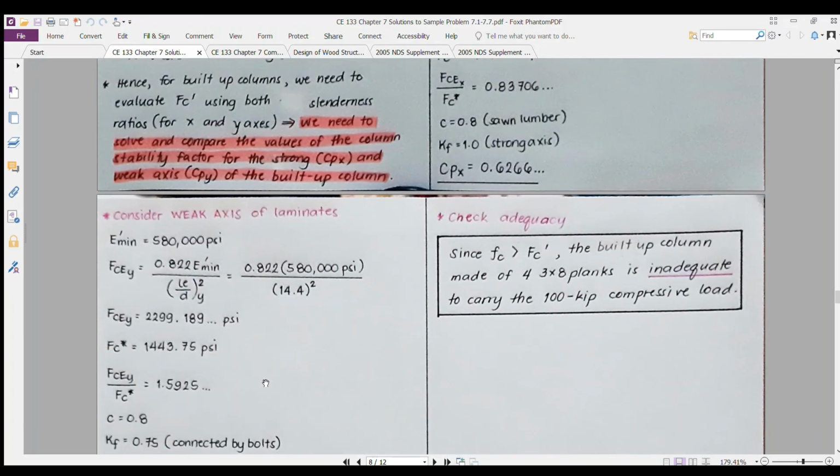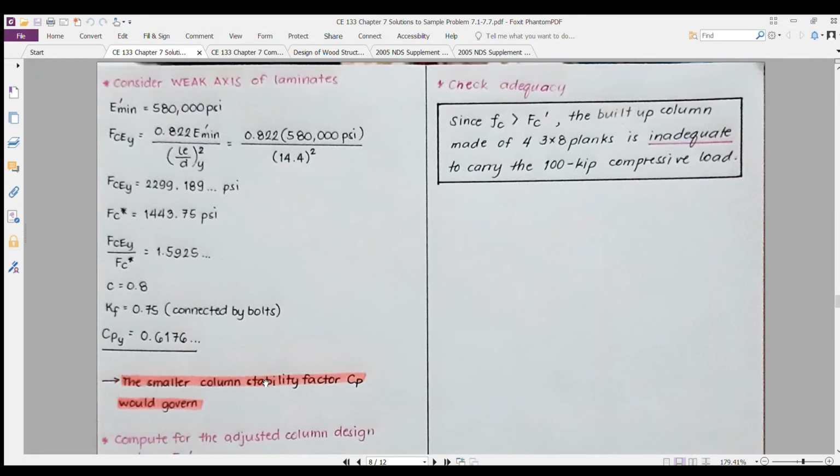Now we consider the weak axis of the laminates. So we have here still 580,000 psi. So determining the value for the maximum Euler buckling stress along the y direction, we have 2,299.189 psi. And determining the value for FC asterisk is 1,443.75.